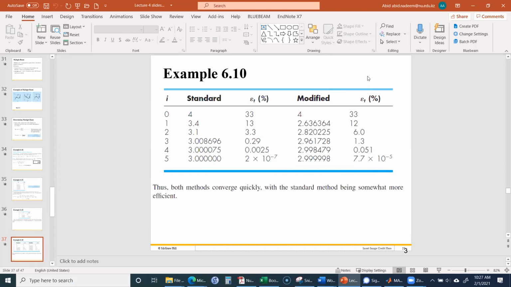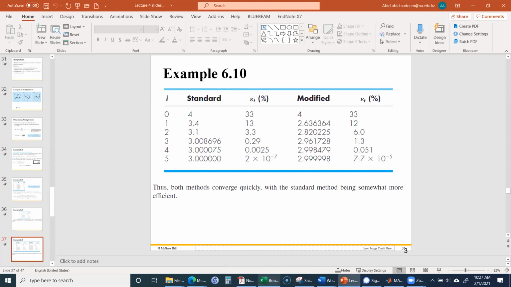In the case of the double root, we have seen that the modified method is converging more rapidly than the standard method. But for the single root, the standard method is still better than the modified method. So we can reproduce these results on Excel as follows.